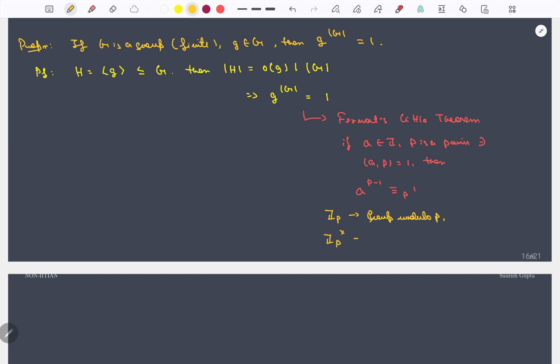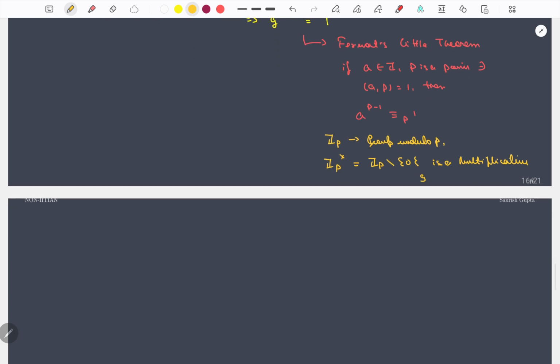Then Zp cross, which is nothing but Zp except the element 0, is a multiplicative group of order p minus 1, and hence for every a in Zp cross, a to the power order of Zp cross, which is p minus 1, must be equal to 1 in Zp, but that translates to the fact that it's congruent to 1 modulo p.